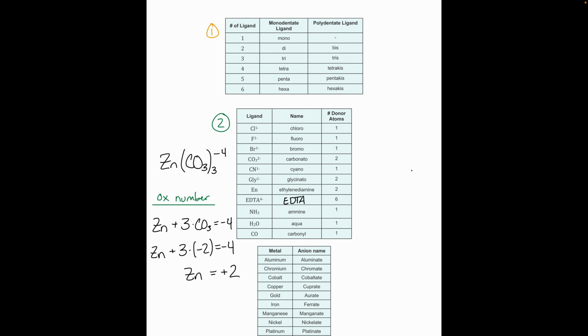When we're going to do our number of ligands, we have 3 of them. But noting that this carbonato ligand here has 2 donor atoms, I'm going to have to use my polydentate ligand prefix of tris instead of tri.